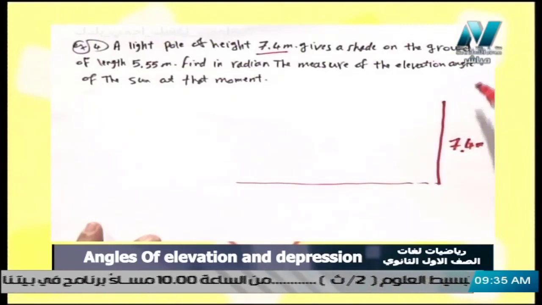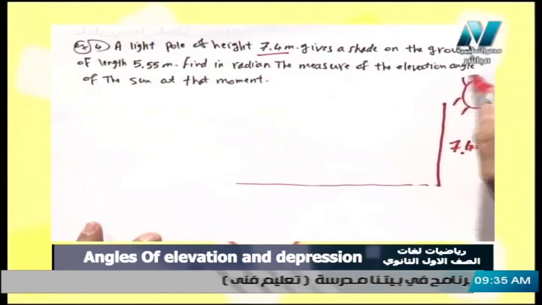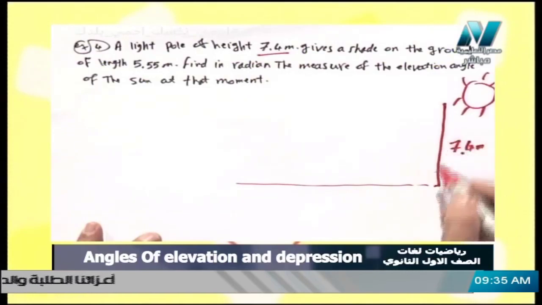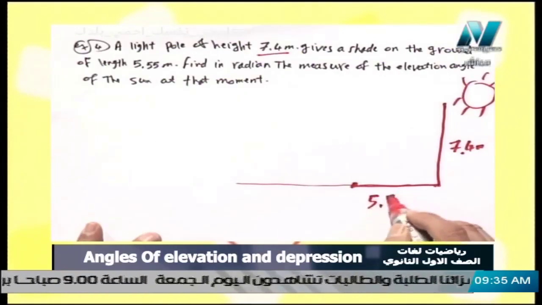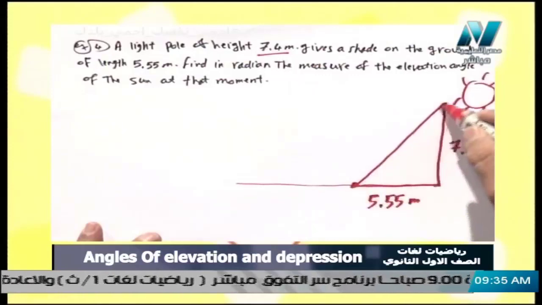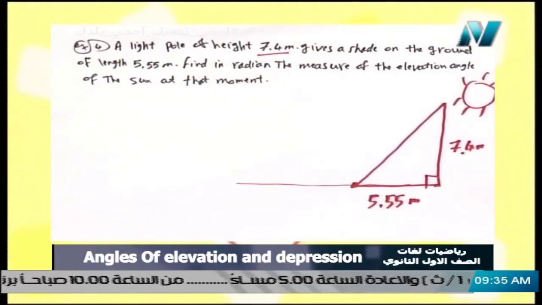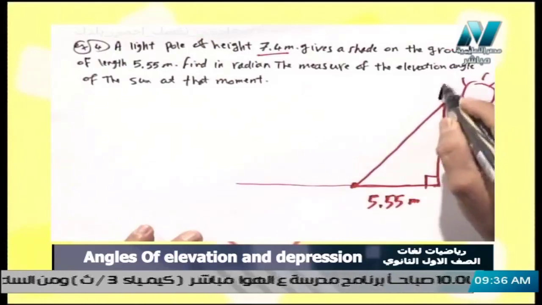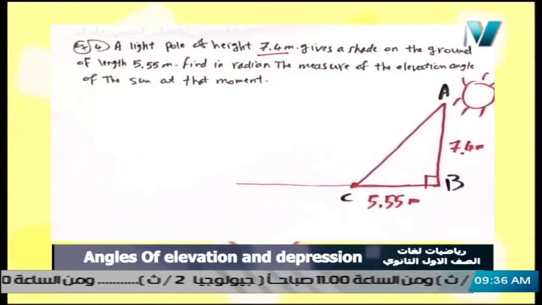If we have a shade, then of course we will have a sun here. If we have a sun here, and this is the light pole, and it gives a shade of 5.55 meters, and if we draw this line, we will complete a right angle triangle, and we can name these points as A, B, and C. Find what?